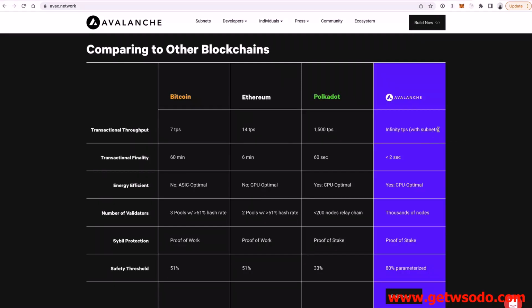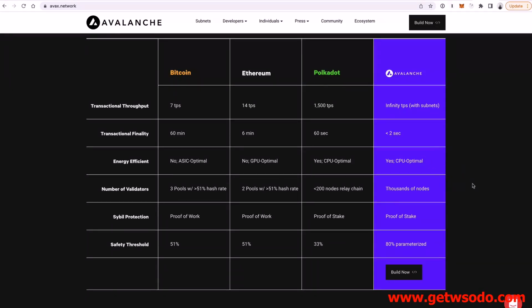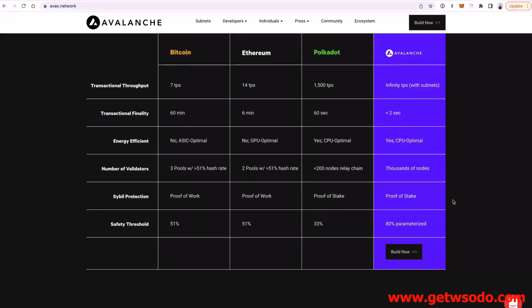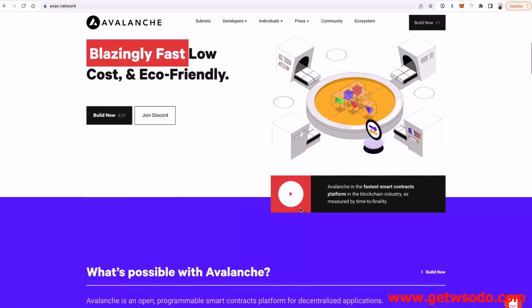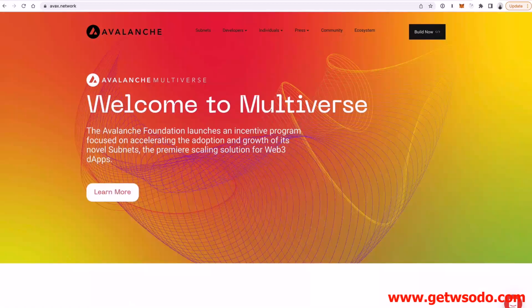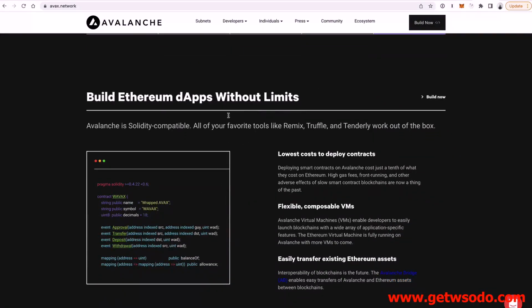But basically you can see that it has a smaller transaction finality compared to the other chains, which means it's a little bit faster to use. So it's also a little bit cheaper to use as well. And it also runs proof of stake. So Avalanche is definitely another popular EVM compatible option. And if you can write dApps for Ethereum, then you can write them for Avalanche.